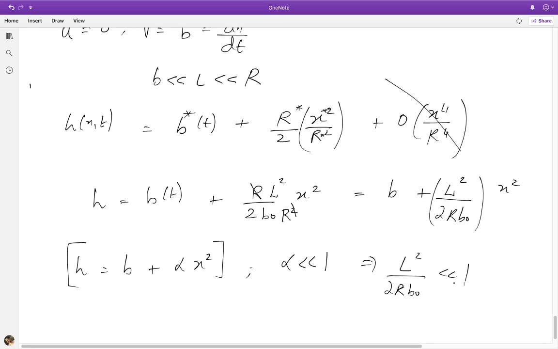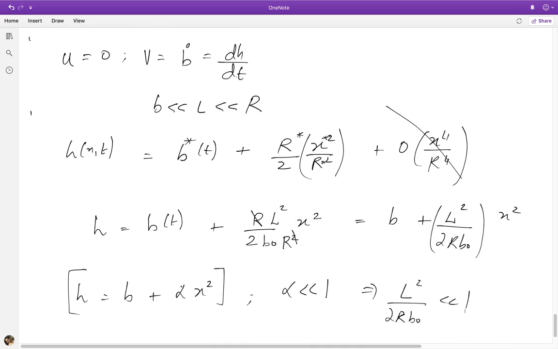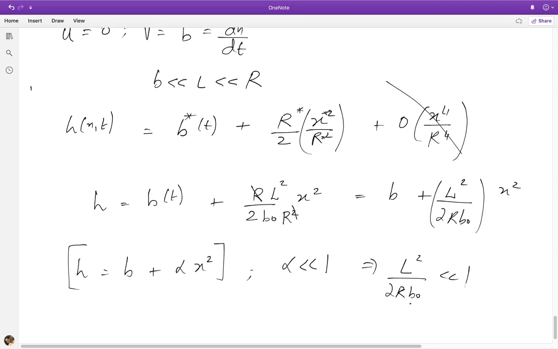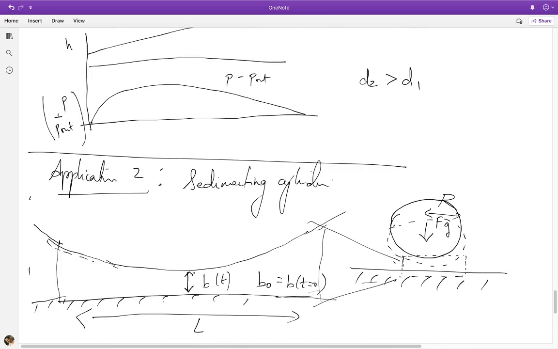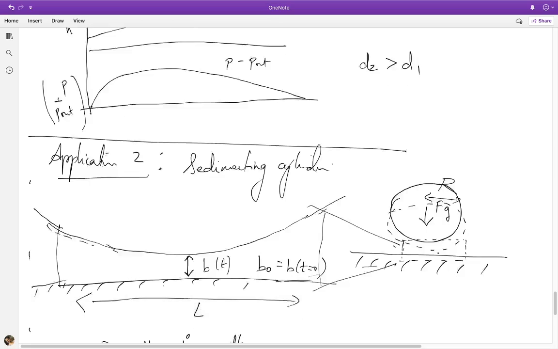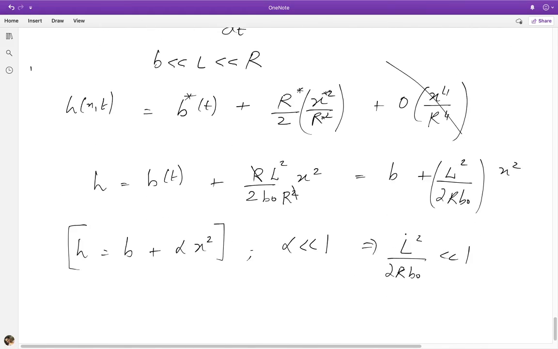Now the important thing here is what guarantees alpha is small is the fact that the choice of L is really up to me, right? So R is the radius of the sphere, b naught is determined by when I start studying the problem, but at any given time where my initial condition is b naught, I get to choose the domain length L, which defines the region of the thin gap zone. So really this condition is what helps me identify what should be the length of that thin gap zone.